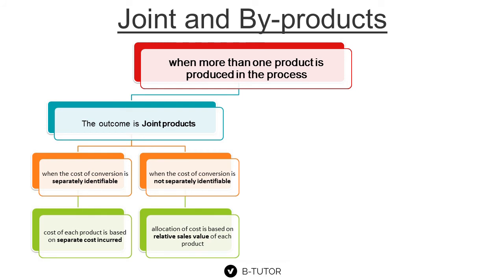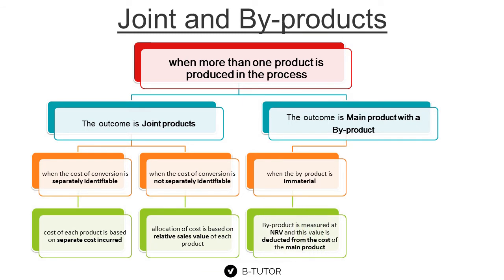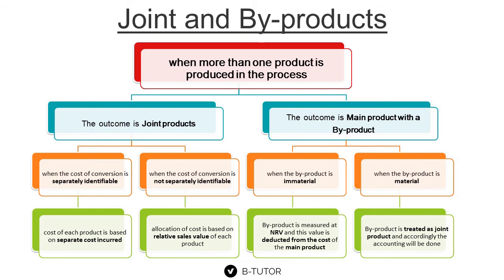On the other hand, when more than one product is produced in the process and if the outcome is main product with a byproduct, we have to see whether the byproduct is material or immaterial. If the byproduct is immaterial, measure byproduct at NRV and this value has to be deducted from cost of the main product. If the byproduct is material, treat byproduct as joint product and accordingly accounting will be done.